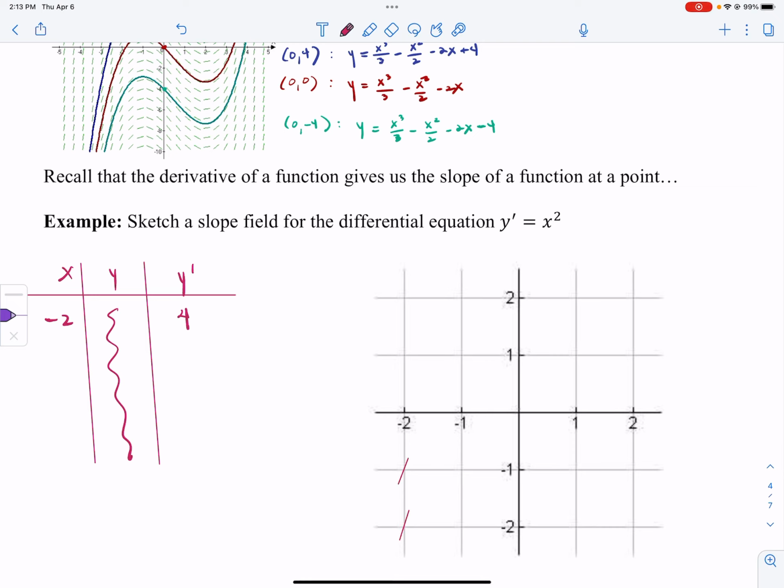So I'm going to draw some pretty steep slopes. And since I'm on the iPad and Notability, I'm going to use the copy and paste feature here. Okay. And then when x is equal to -1, y prime would be 1.